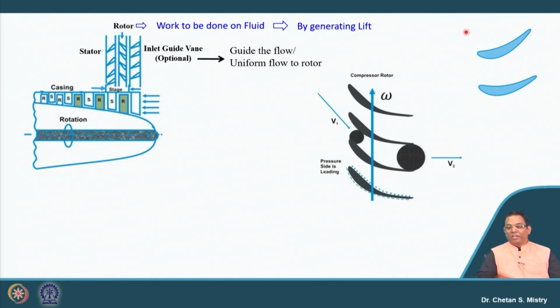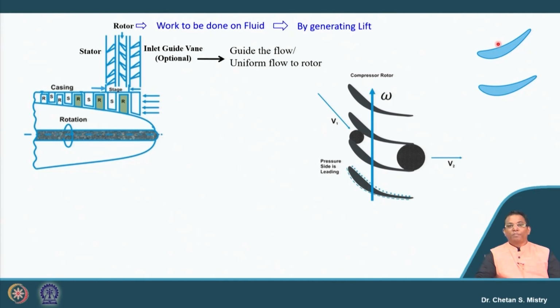If we look here, this represents two aerofoils of two blades at a particular station. What we mean, I will discuss in a later part. What we know is that this surface we define as the pressure surface, and this surface we define as the suction surface. This represents my leading edge, and the other side is called the trailing edge.